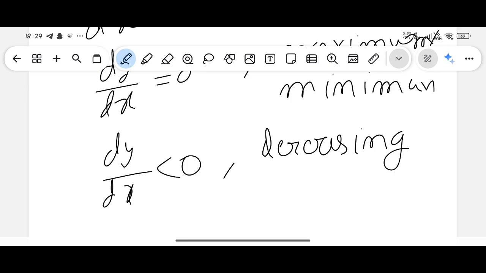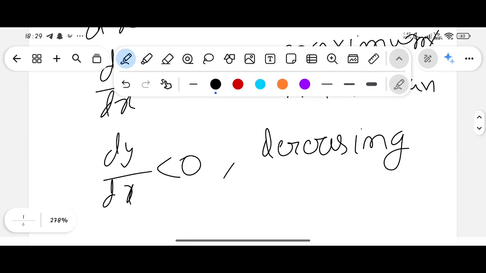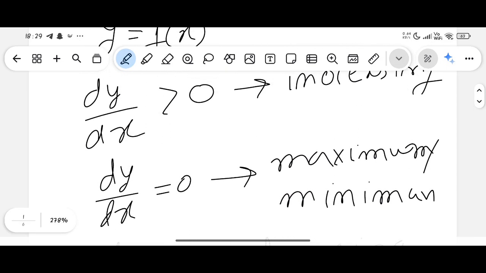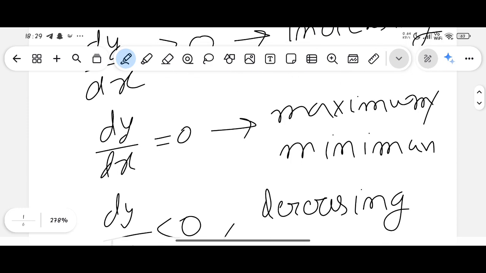Now the nature of the graph is not only dependent upon dy dx, it also depends on d2y dx2, that is the second derivative. We cannot conclude the nature of the graph by taking only dy dx; we also need d2y dx2. By combining these two, only then can we conclude the curvature of a graph.